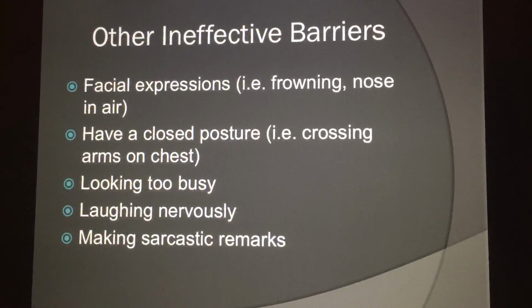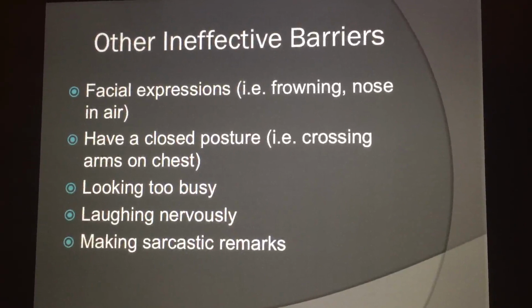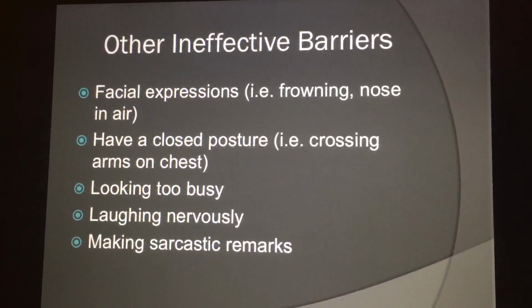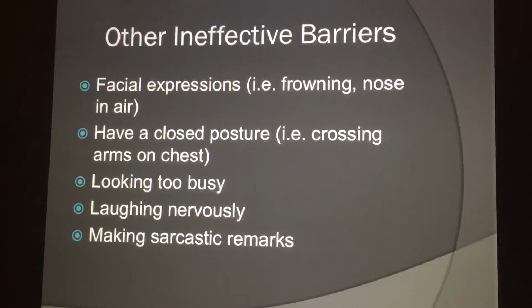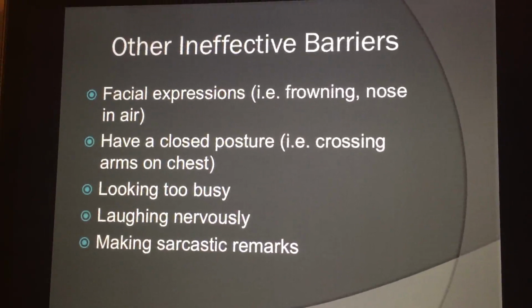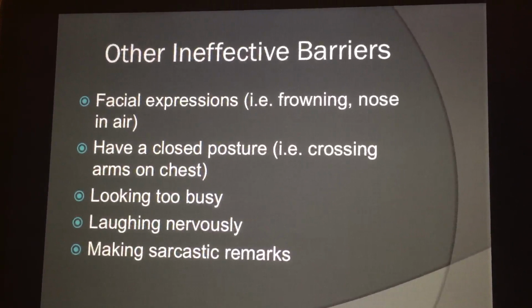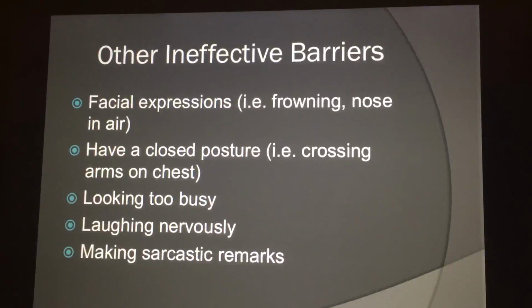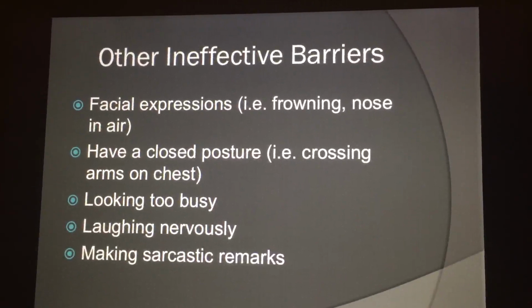Other ineffective barriers. Facial expressions. Examples such as turning your nose up in the air, frowning, laughing inappropriately, laughing nervously, having a closed posture, such as if your patient is talking and you're standing there with your arms folded across your chest, tapping your foot.